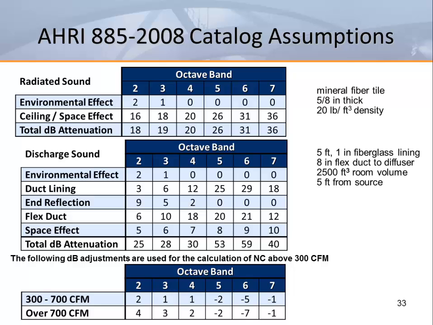If that's the case, adjustments must be made to accurately estimate the resulting sound level in the room. The discharge sound path is more complicated because it includes more possibilities. While there's always an environmental effect, we now must consider duct lining, end reflection, flex duct, and space effect. In addition, more adjustments due to duct sizes and division of flow between multiple rooms are taken based on air volume.